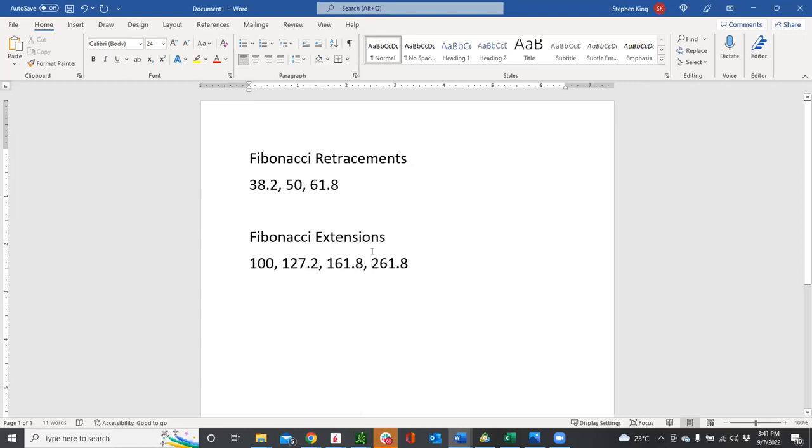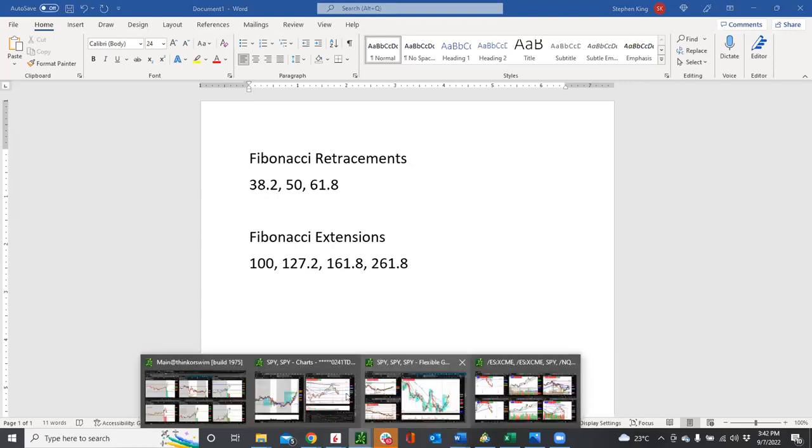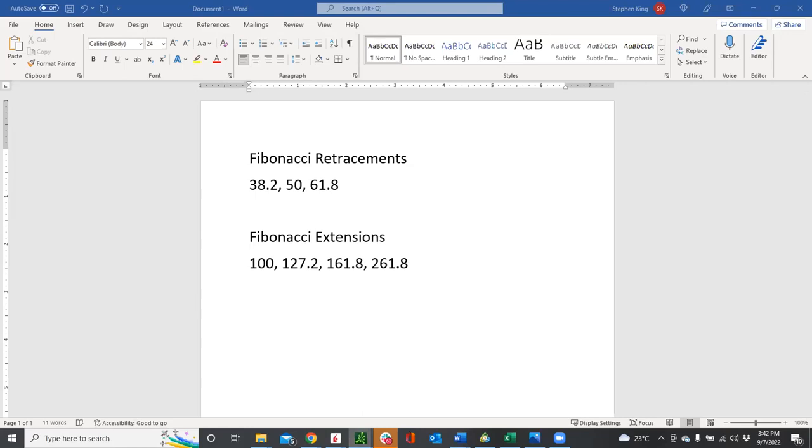Okay, so let me give me a second to prep my chart over here. And then I'll do a different screen share.